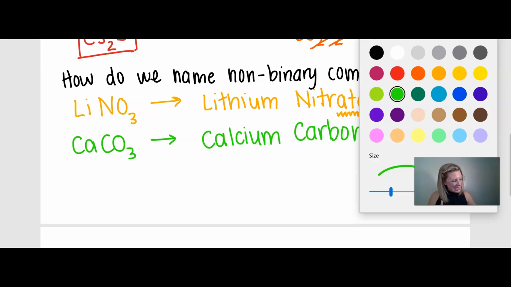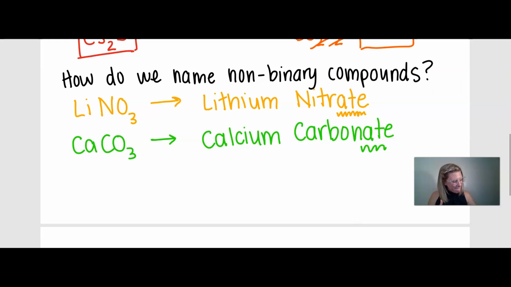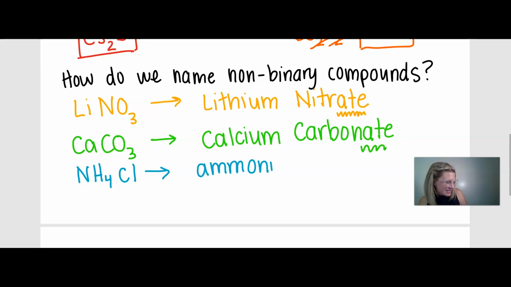Really quickly, let's do just 2 more. What about this one? NH4Cl. We contain N, H, and Cl. This name is ammonium chloride.